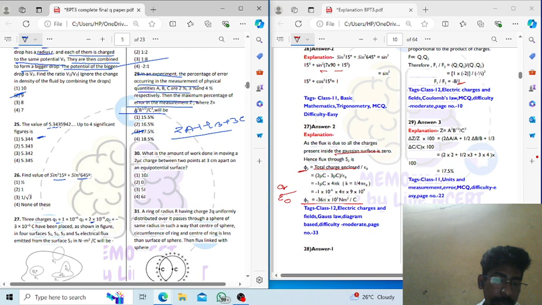What is the amount of work done in moving this particle between 2 points, 3 centimeter apart, on an equipotential surface? On an equipotential surface, the potential remains equal.